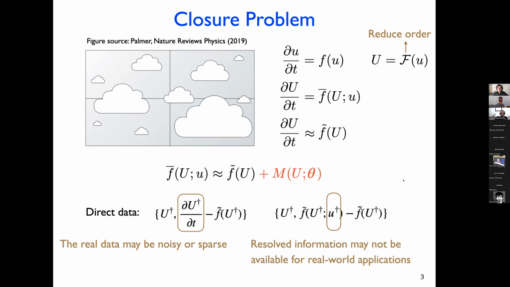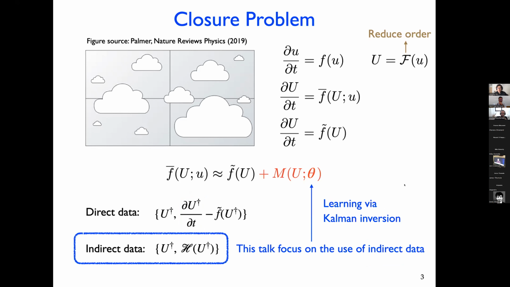So alternatively, we can also rely upon what we call indirect data. So for indirect data, in general notation, we just assume that we can have some data of the reduced order state U dagger. And also we have a kind of observation operator that operates upon U dagger.